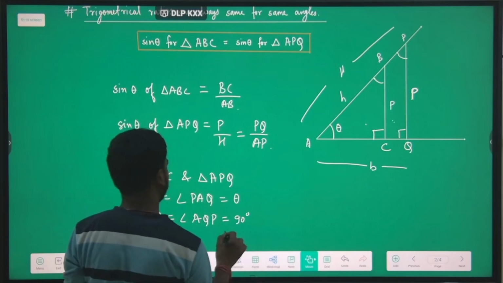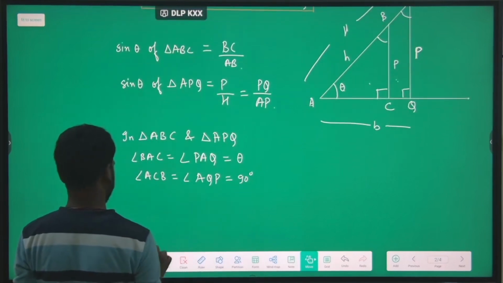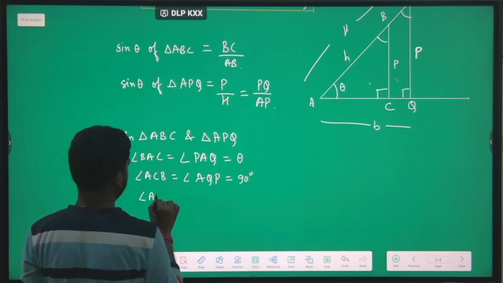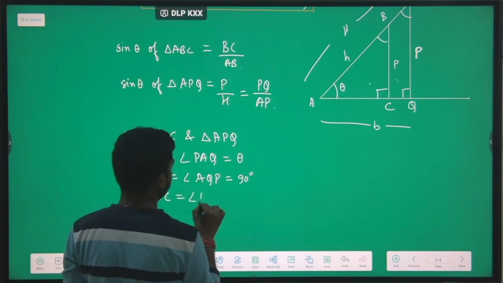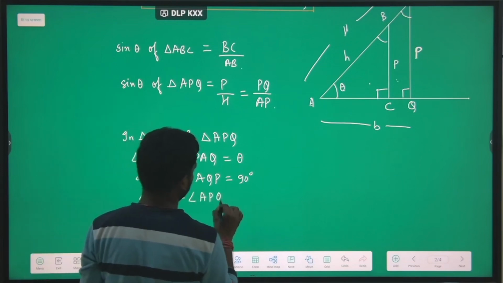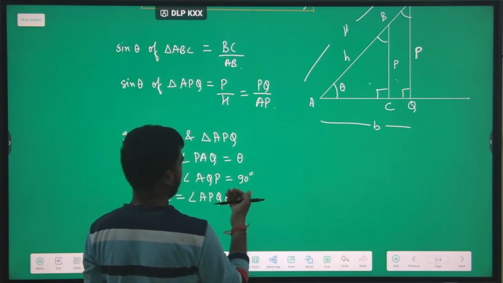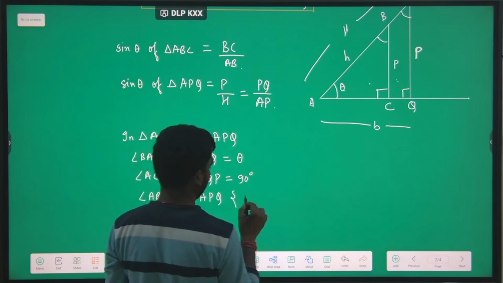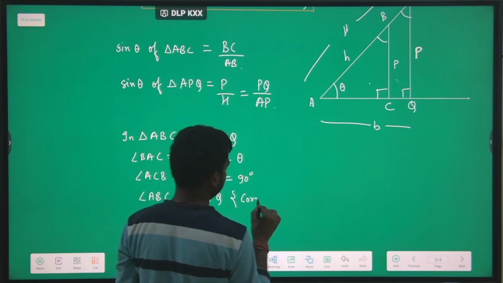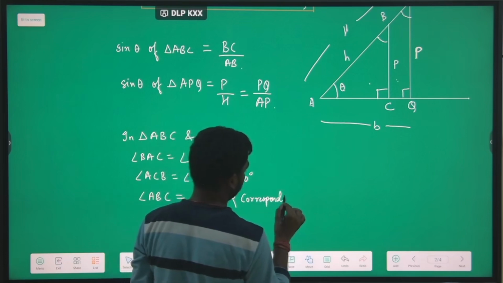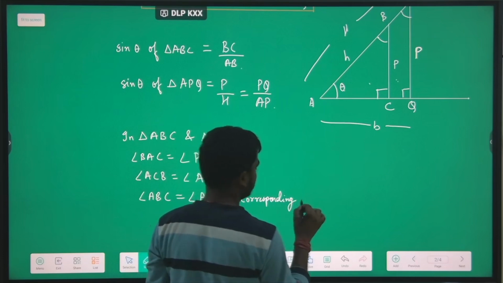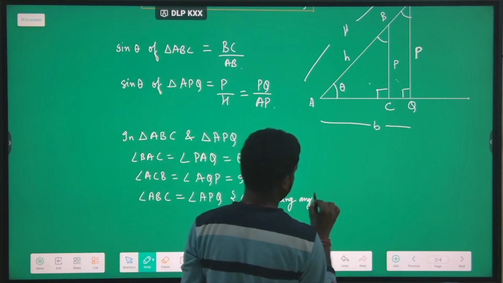So angle ABC will always be equal to angle APQ. What will be the reason? Corresponding angles are always equal. Corresponding angles are equal.